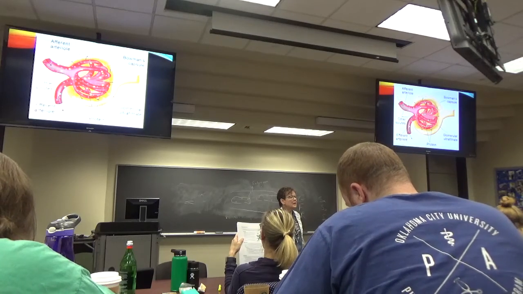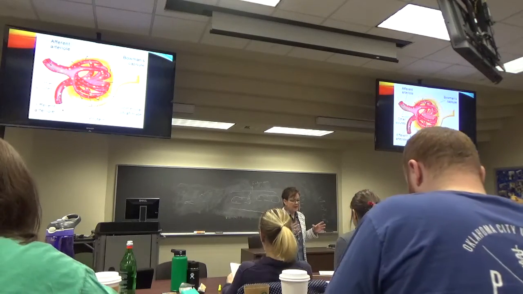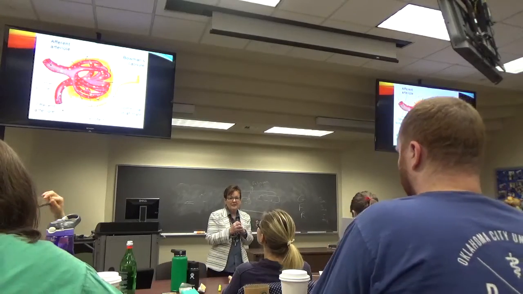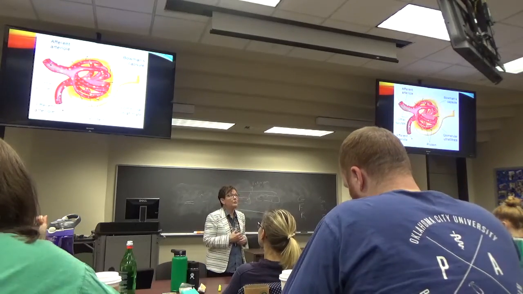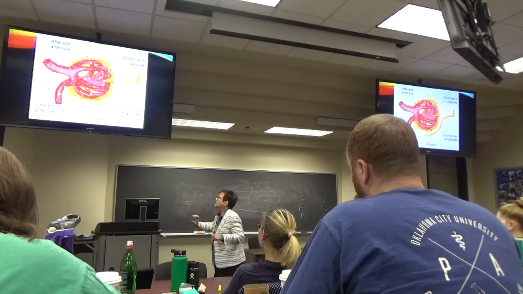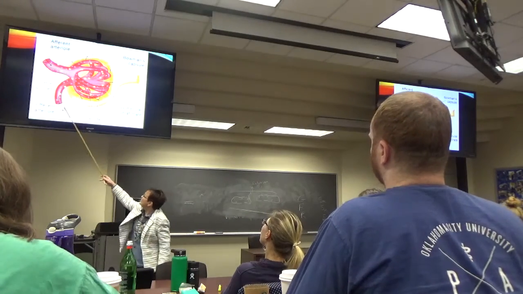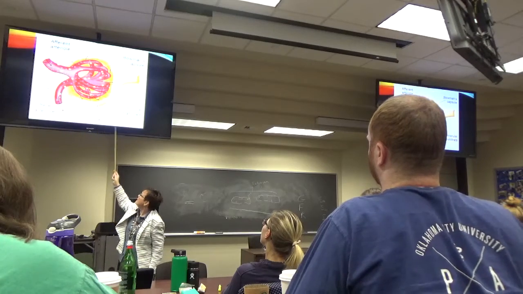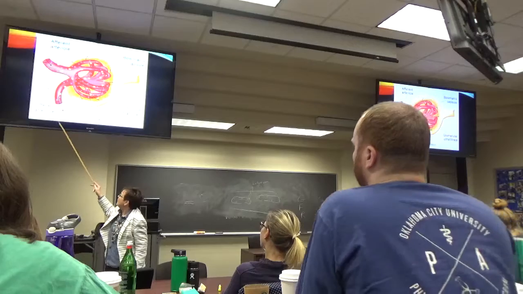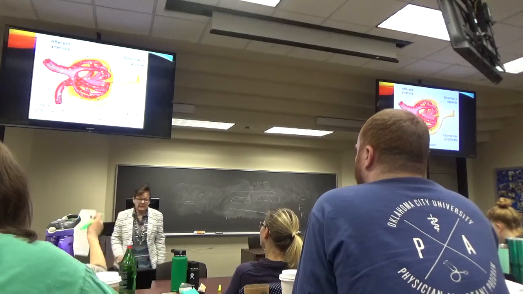This is the interface between the vascular system and the kidneys, this unit called Bowman's capsule. You're familiar with it? You've heard about that. Okay. So you have arterioles coming in, form a capillary bed, and then you have arteriole leaving.